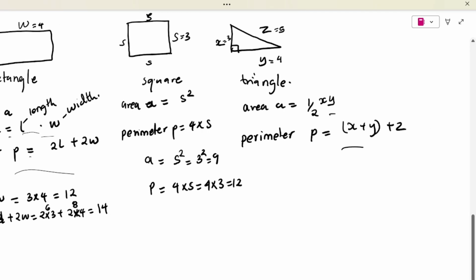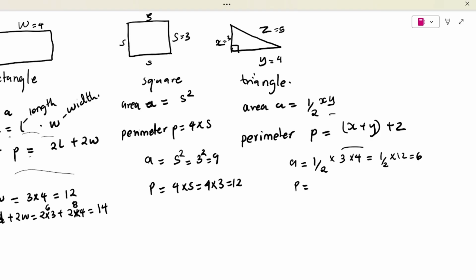And then for the triangle, area is equal to 1/2 times x times y, which is 1/2 times 3 times 4, which is 1/2 times 12, which is 6.